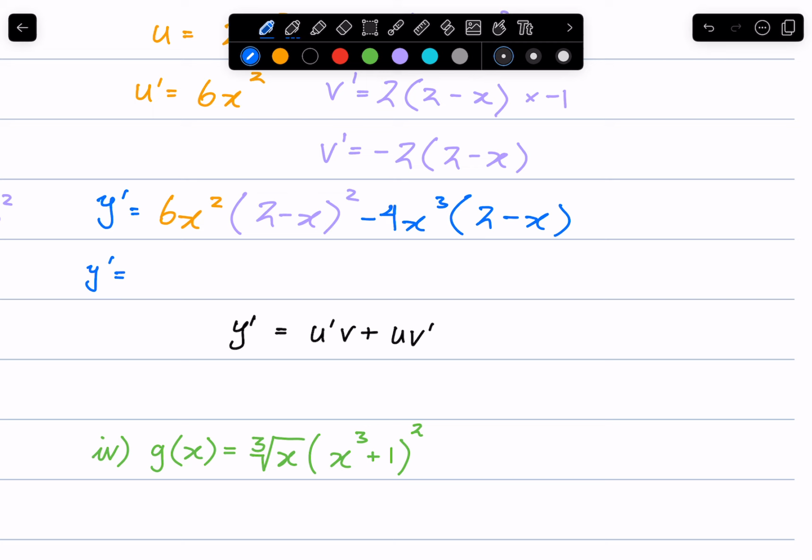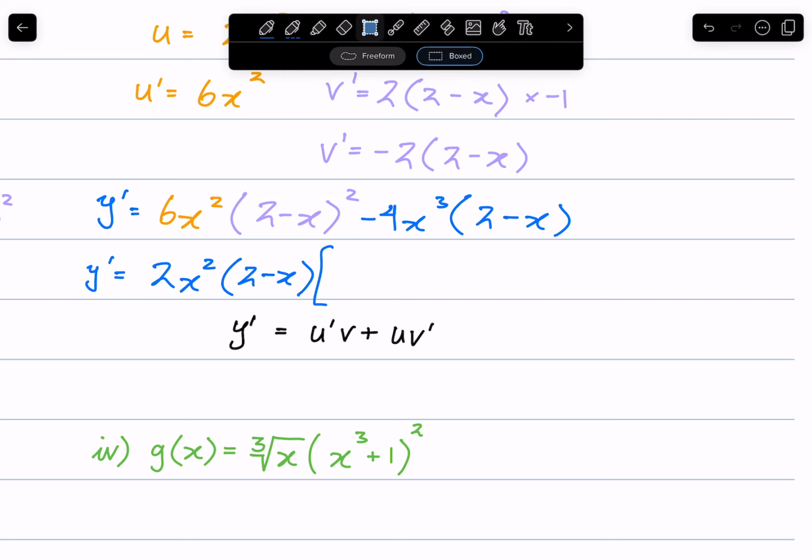So y prime equals, I can factor out x squared, so x squared comes out. I can factor out a 2 from these two values, so 2, and I can factor out one group of 2 minus x.